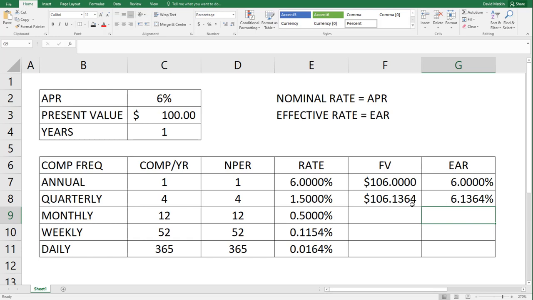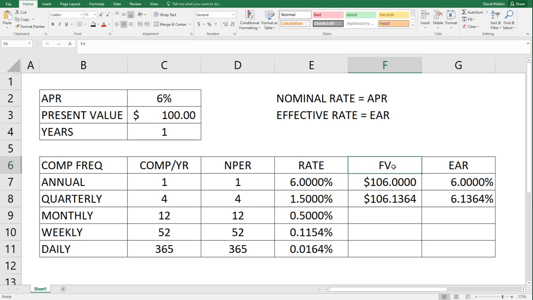Well, that's exactly what we see the $100 growing by. So that is the effective growth on the dollar, and we fed in this APR information, and we manipulated the APR information to be a quarterly rate, and number of periods was now quarterly, and the result is that every dollar actually grew.